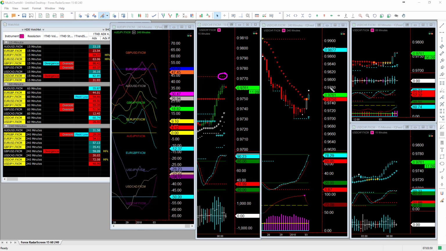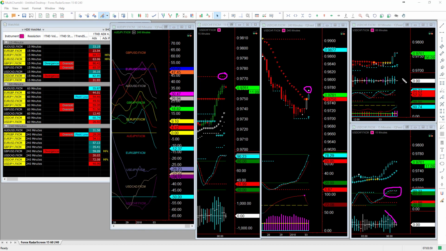This is your congestion dot that coincides with your 240-minute chart. What will happen is more than likely it's going to find resistance, and it's going to need to test for support. This is also supported with the stochastics being overextended on the 15-minute chart with volume divergence on the highs.